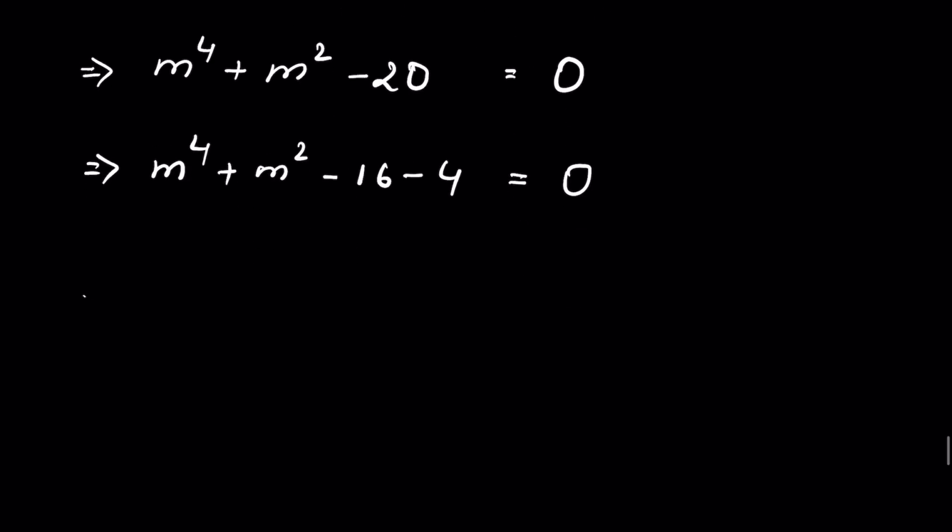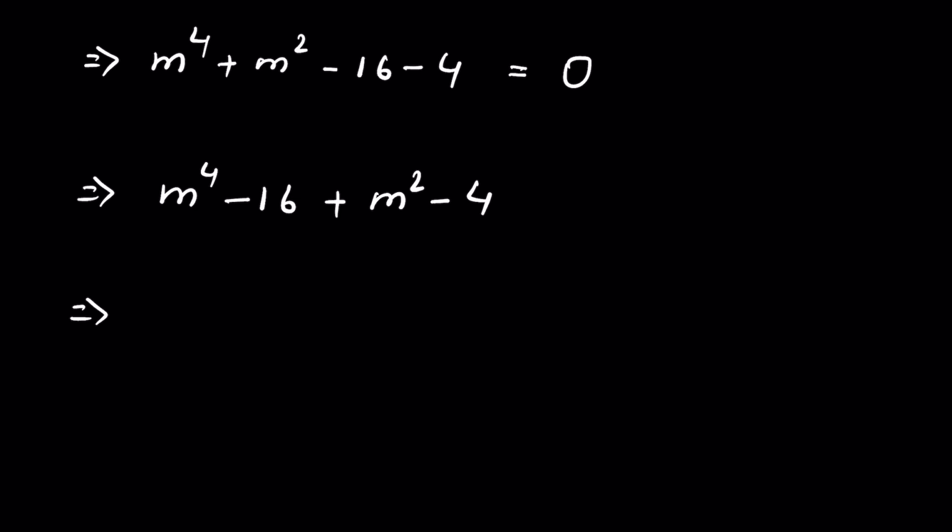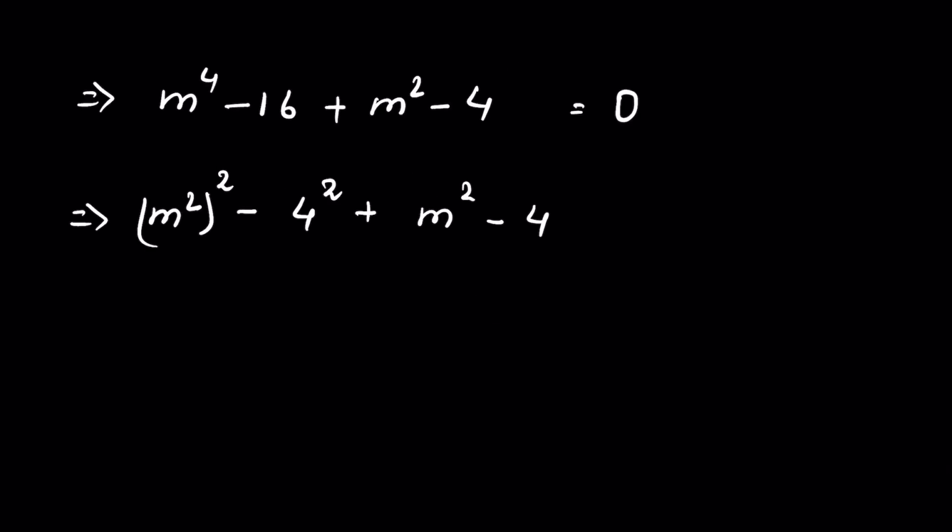Now let's rearrange it. We can write m to the power 4 minus 16 together, then plus m square minus 4 together, or we can write m to the power 4 as m square then to the power 2, minus 16 as 4 square, plus m square minus 4 is equal to 0.